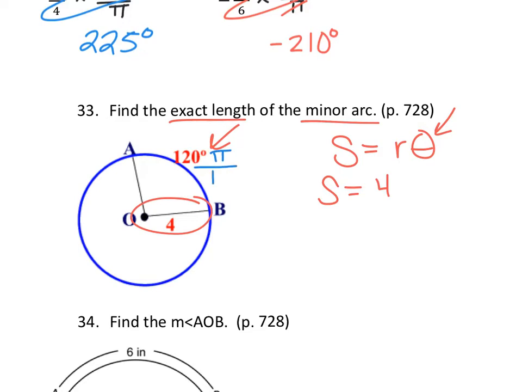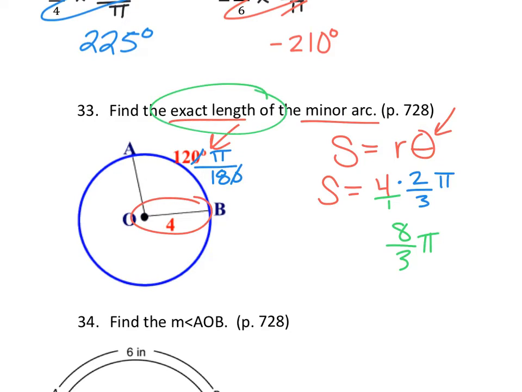So I'm going to convert this to radians, which is 12/18, which is 2/3. So this is 2/3 pi. So then I have 4 times 2, which is 8 over 3 pi. This is the exact length. If you want to find the approximate length, you would put this in your calculator. So 8 pi over 3 units.